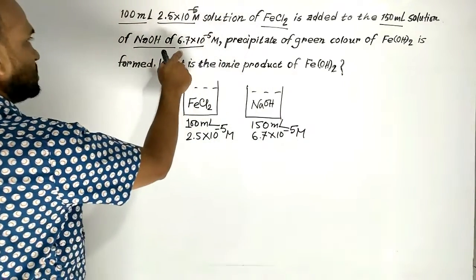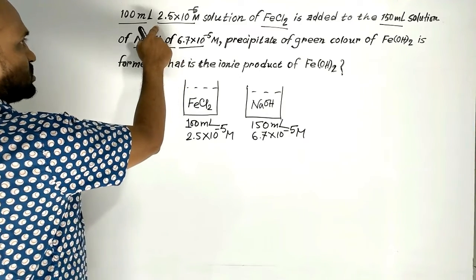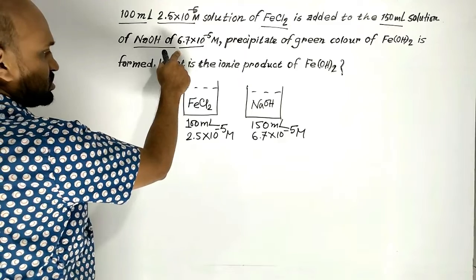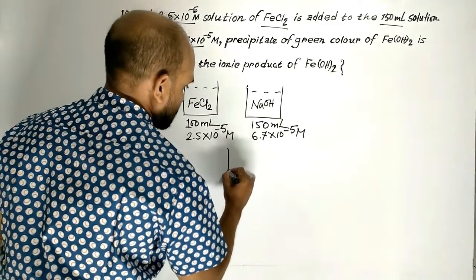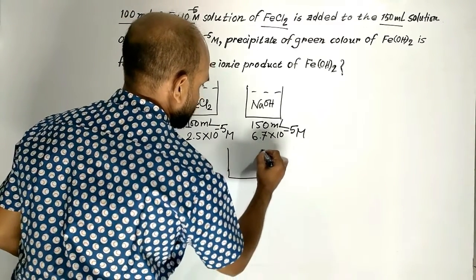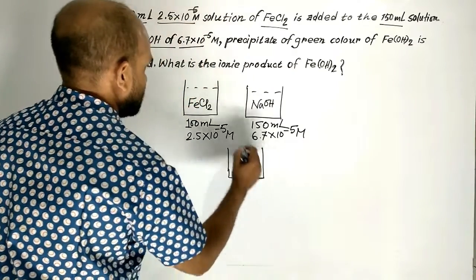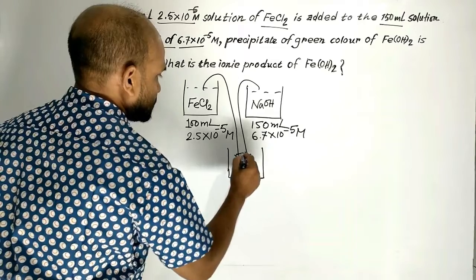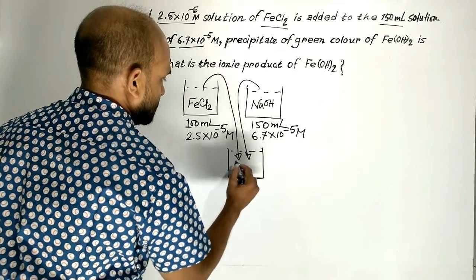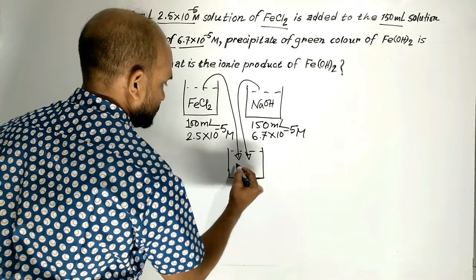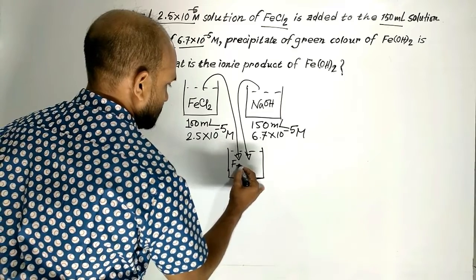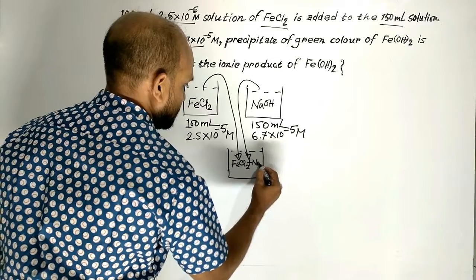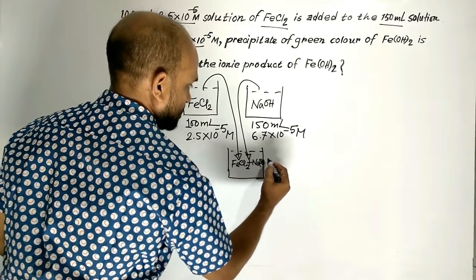In the question, it is said that one solution is added to another solution. Let us take both the solutions in another beaker to understand better. That is, here two solutions, ferrous chloride and sodium hydroxide.